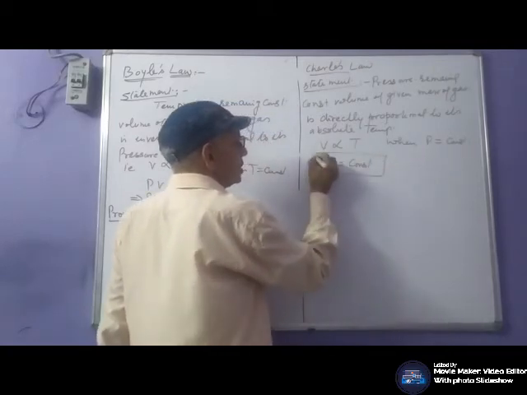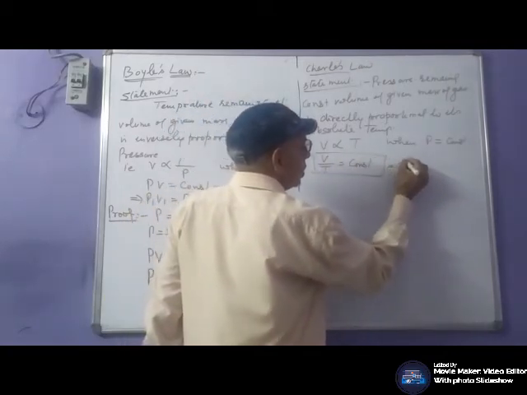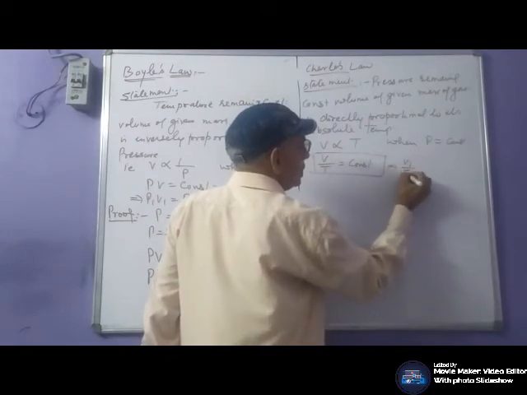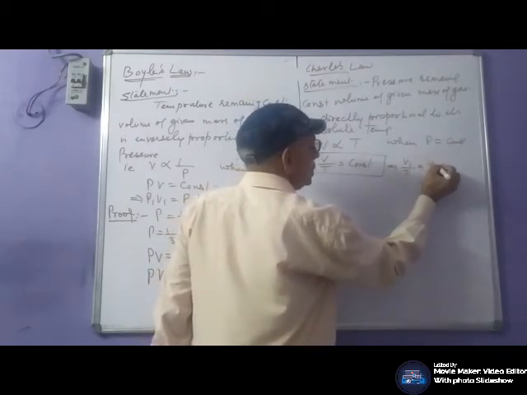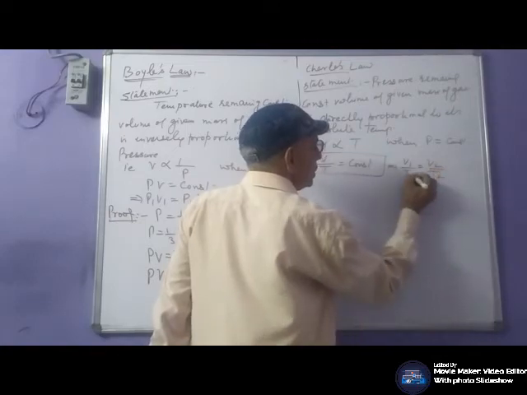This is Charles' law, or V1 by T1 is V2 by T2.